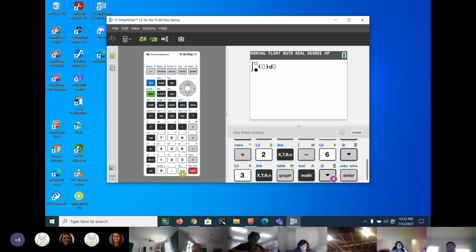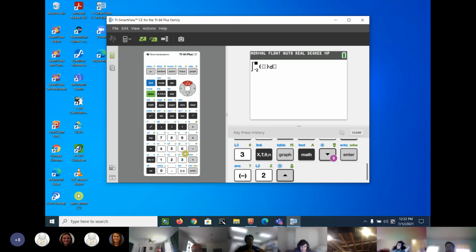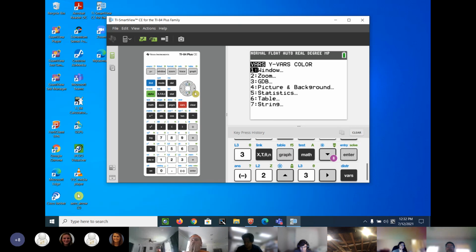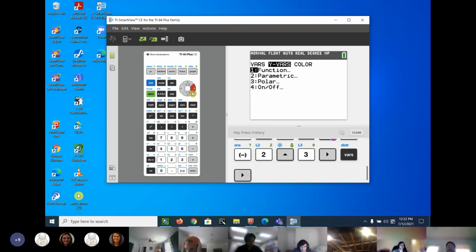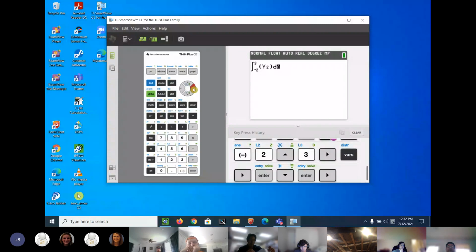And we're going from -2 to 3. And we're going to type in -x². Or you could do this. You could do 3x. So hit vars, function, y2 minus, if it'll let me do this, minus parentheses, vars.